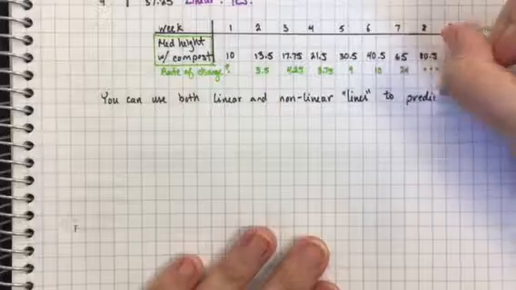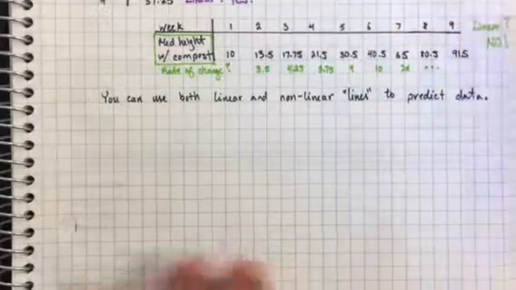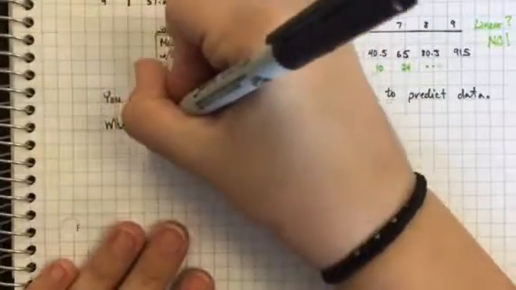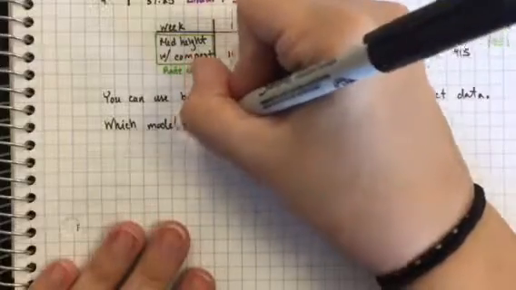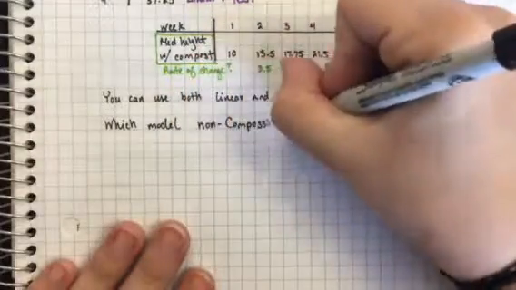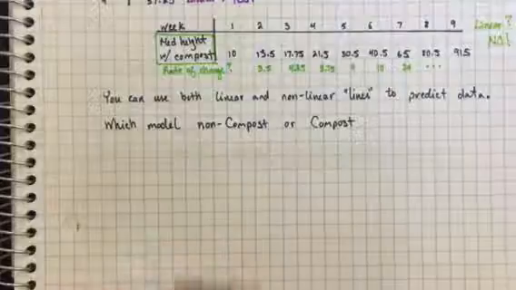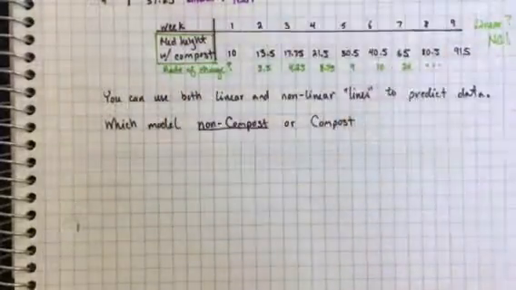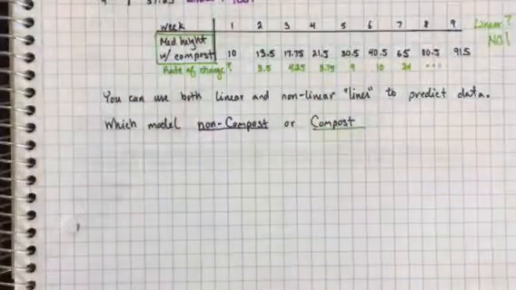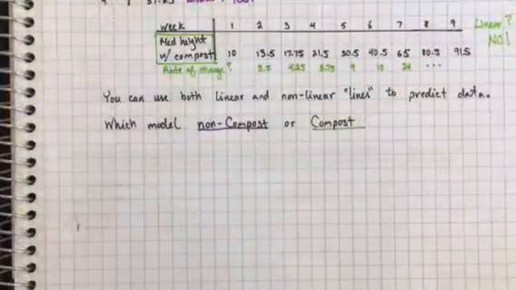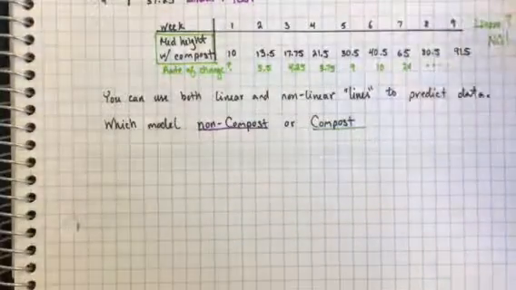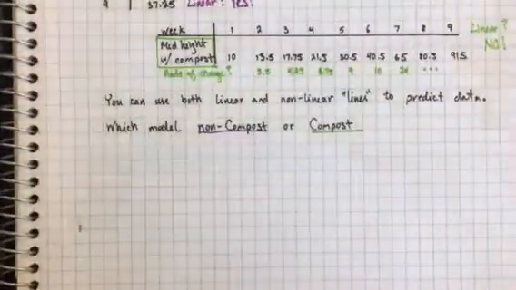Even though it's not linear, we can use both linear and nonlinear lines in order to predict the data. So just because that green line is curved doesn't mean it won't predict our outcome pretty thoroughly. So we want to think about which model, the non-compost or the compost, is best for growing the tallest dahlias.